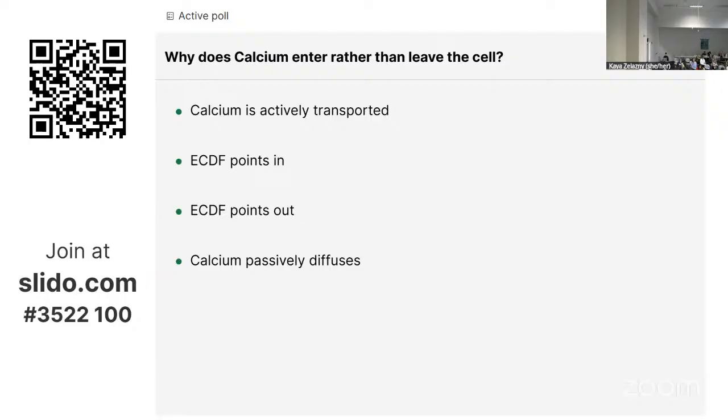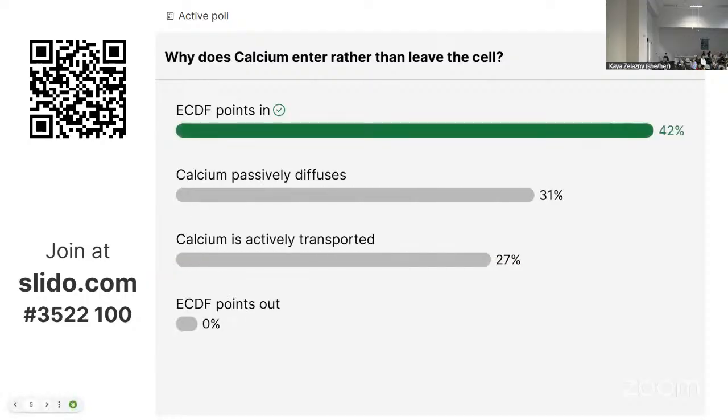We saw that that's what happens when the action potential gets to the axon terminal. But on a more fundamental level, why is that happening?